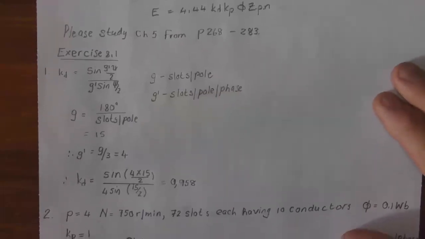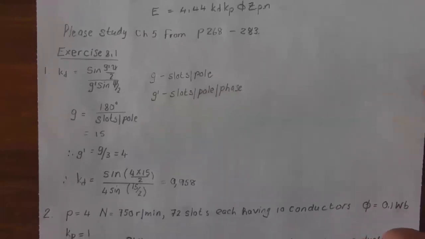Now, if we look at exercise 8.1, number 1, Kd is equal to sine G dash psi over 2 over G dash sine psi over 2. Now, G is the number of slots per pole, and G dash is the number of slots per pole per phase.